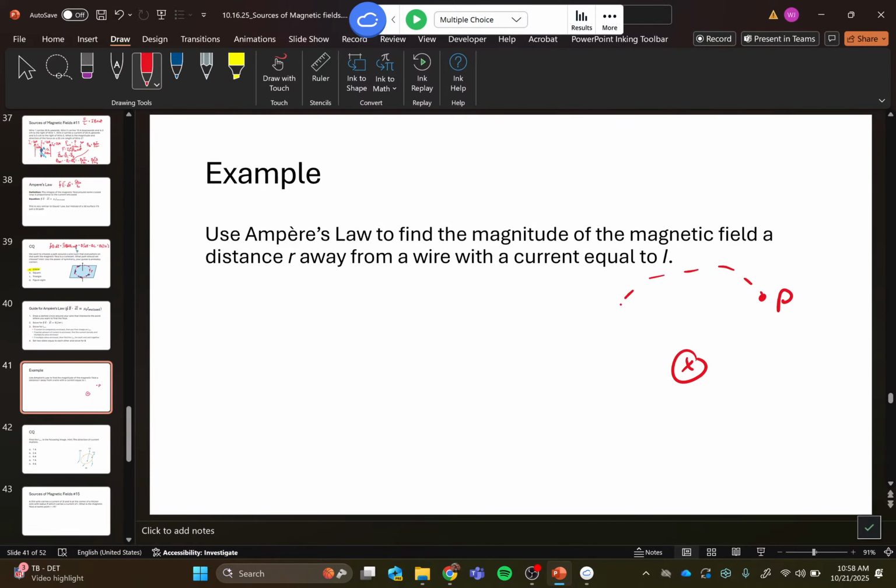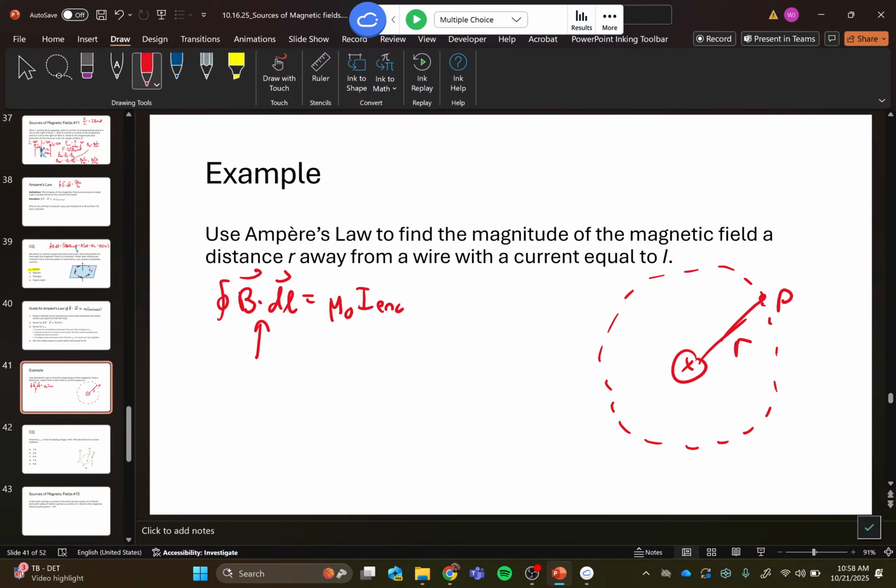So we draw our wire. We draw a circle around it. Ideally, you draw your circle better than me. This is okay, but it's not very symmetric. All right. Then we write Ampere's law. B dot dl equals mu naught I enclosed. We do one side at a time. The left side, it's a circle.